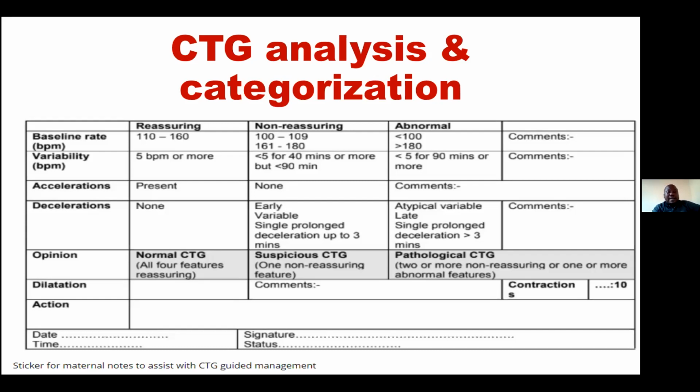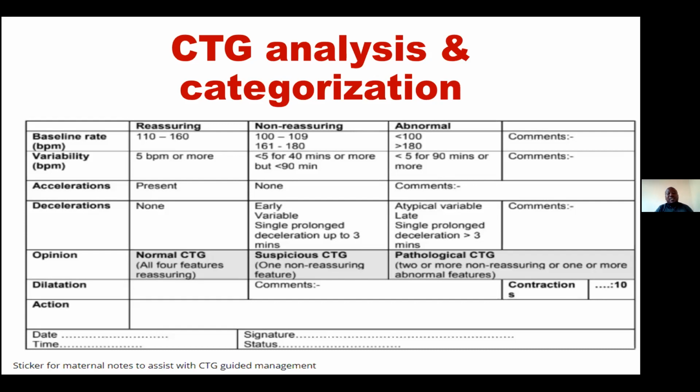Also for acceleration, whether they are present or not, it's up to you to put a comment, and then we'll help you to decide. Also deceleration, atypical variable, as we said, late, prolonged. So all those things, we consider them, and you say pathological CTG versus normal CTG.